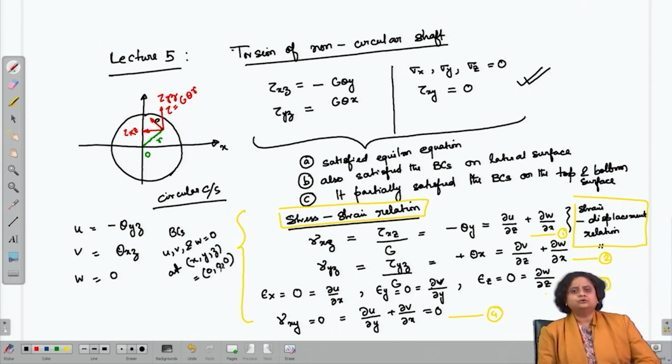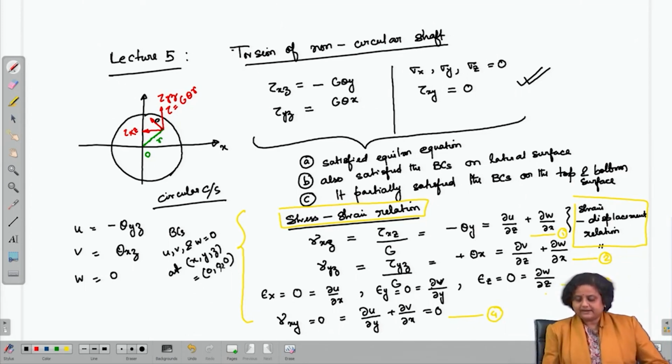So, if we use this boundary condition, then from these equations we can get this expression for u, v and w.